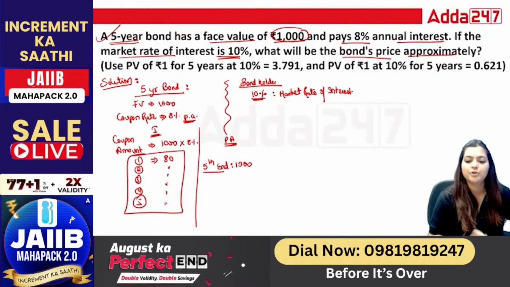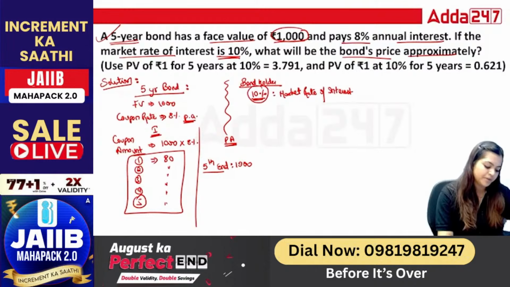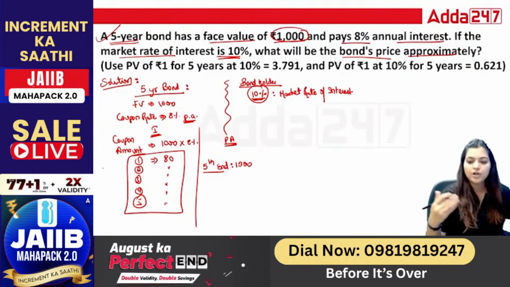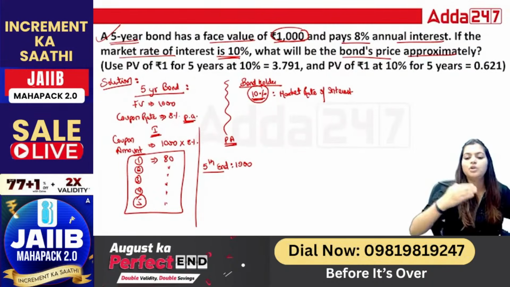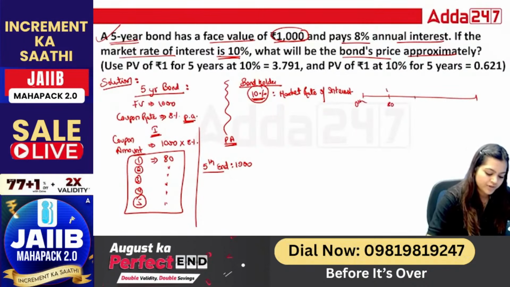So this is about your bonds. Now, as an investor, the interest rate I want from this bond is 10%. The amounts I have just calculated belong to the future. Today is my time period 0, and these amounts, 80, 80, 80, 80, and 1000, come from the future.